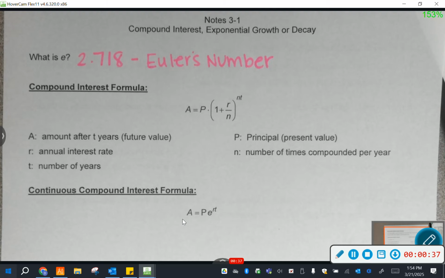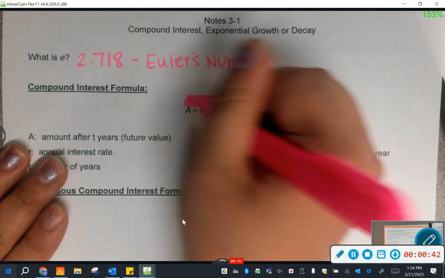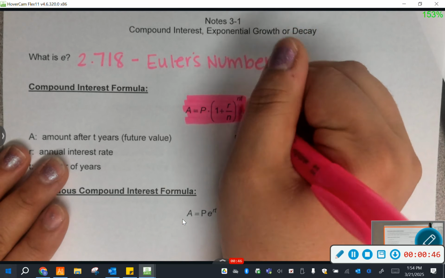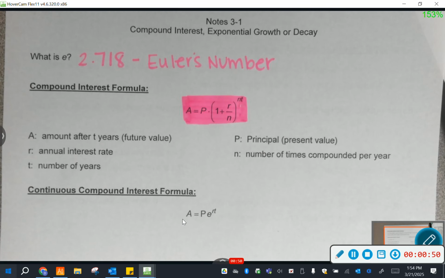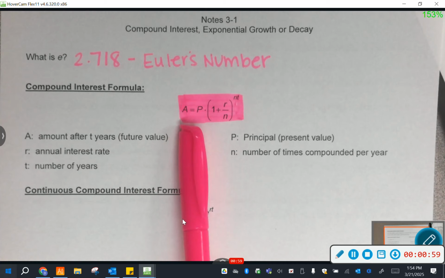The compounding interest formula is A equals P times (1 plus R over N) raised to the NT. And right below it tells you what each thing means. A is the amount that you have in your account.